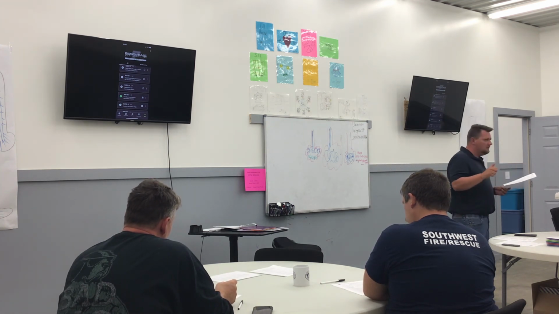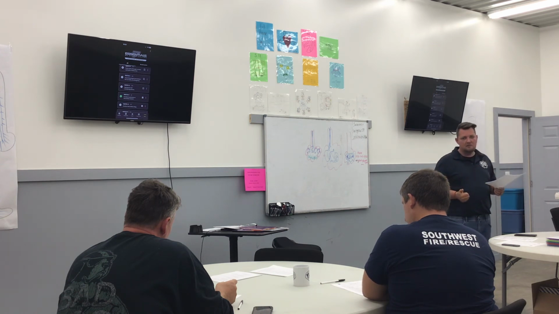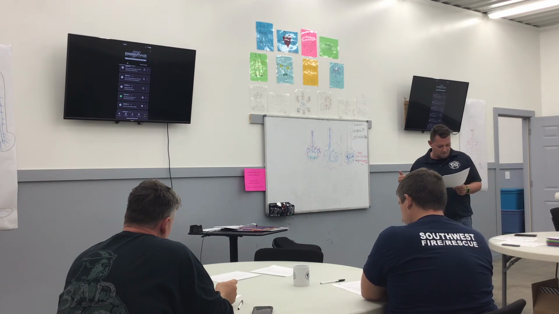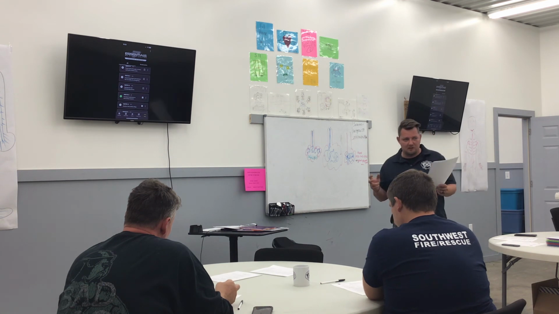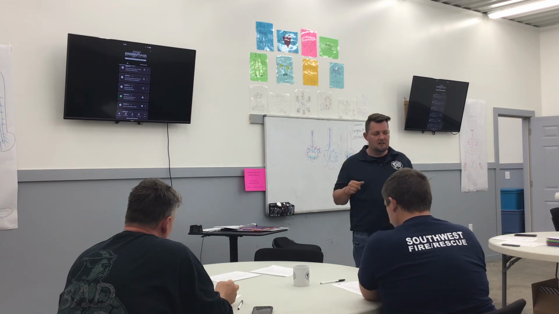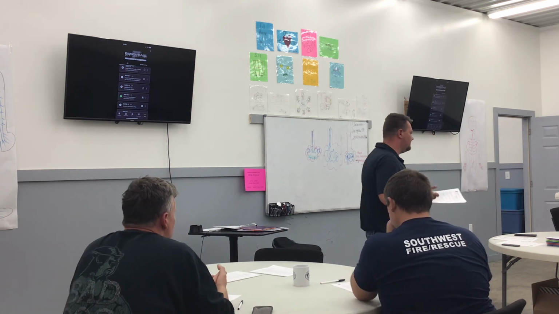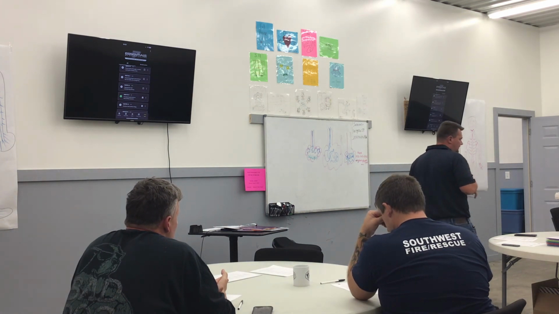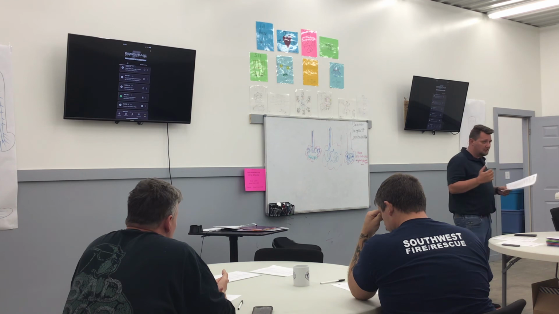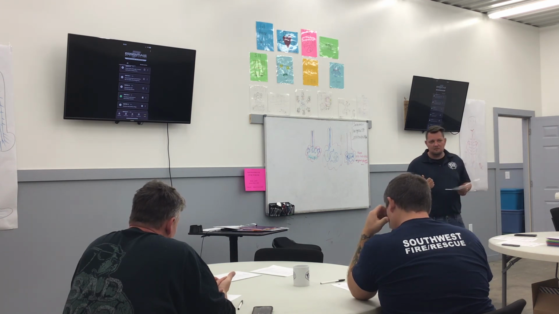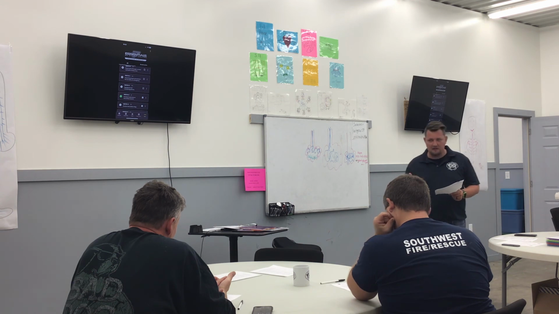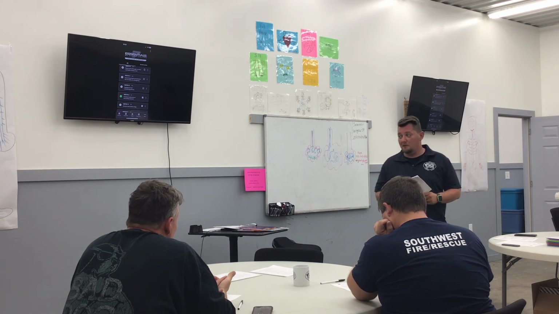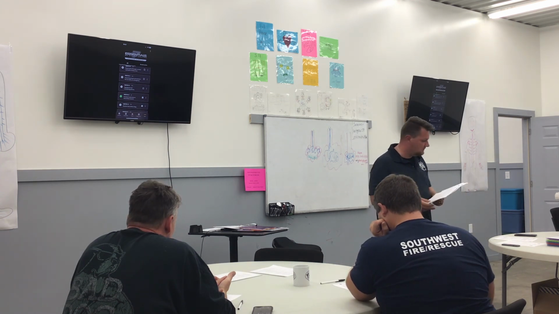Before you enter the next room, you do a self-monitoring of your air supply. Just tell IC, hey, I've got this much air left, and I'm entering the second room. And if you've got a victim, remove them, and then update IC. Okay. All right.